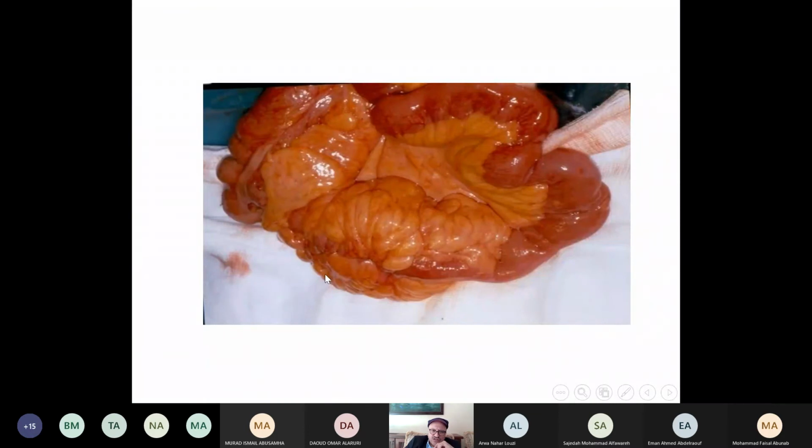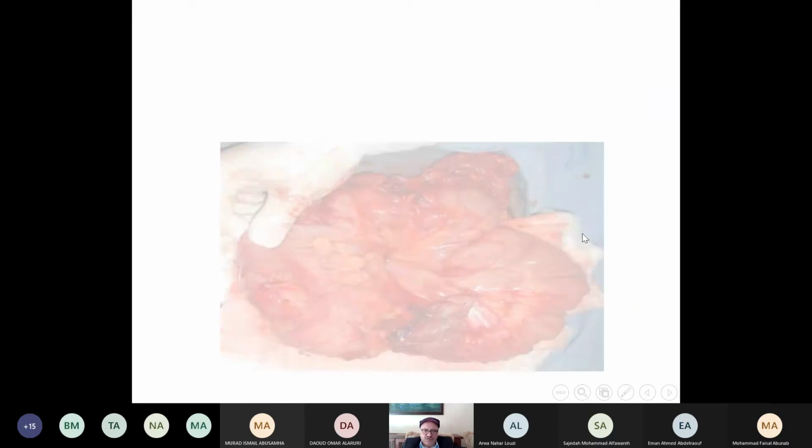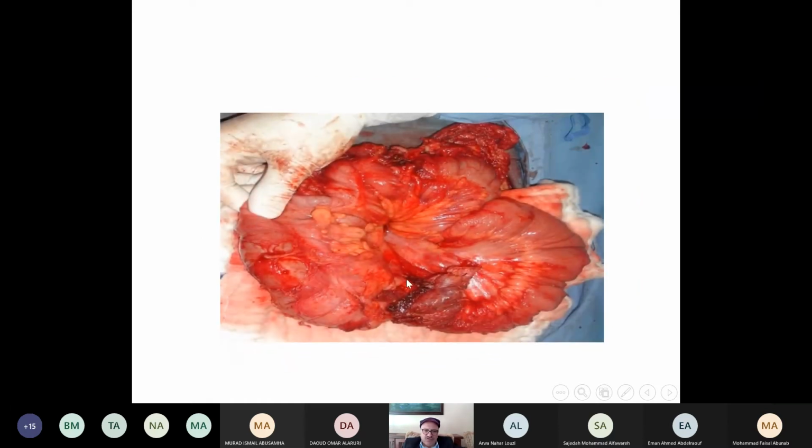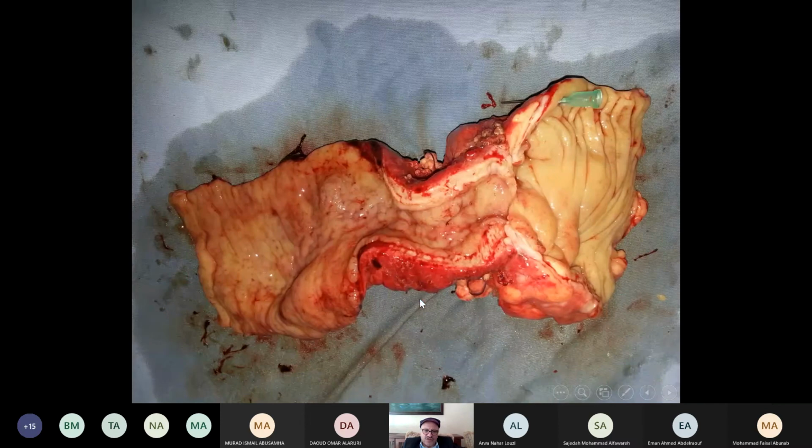this is another example of the inflammation in the terminal ileum in a patient with Crohn's disease. And easily you can differentiate between the inflamed terminal ileum and the normal bowel. And this is a severe form of inflammation.